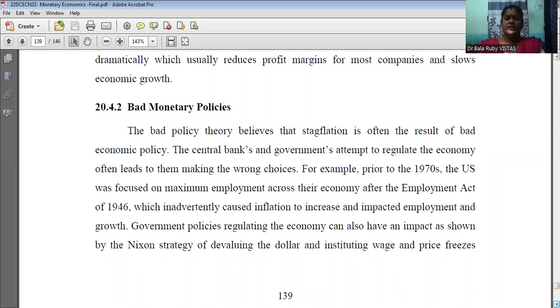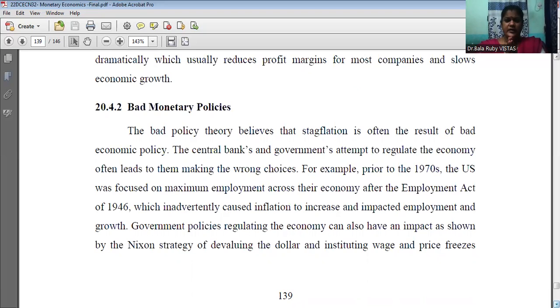This theory holds that stagflation is often the result of bad economic policy. The central bank and the government's attempts to regulate the economy often lead to them making the wrong choices.